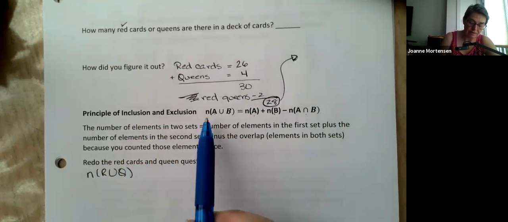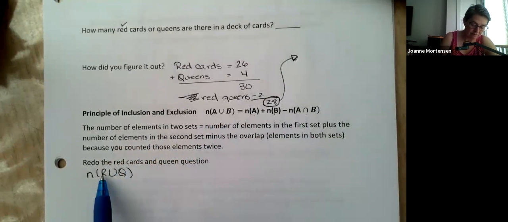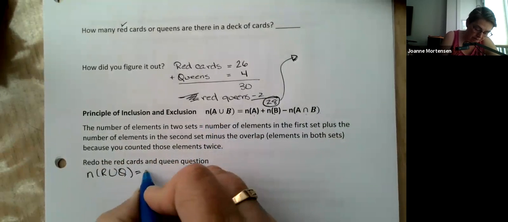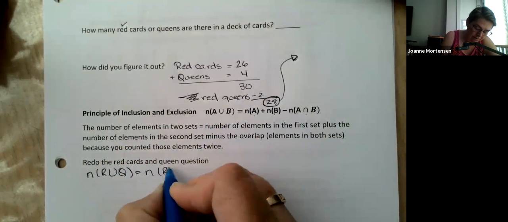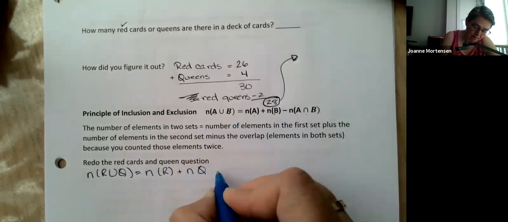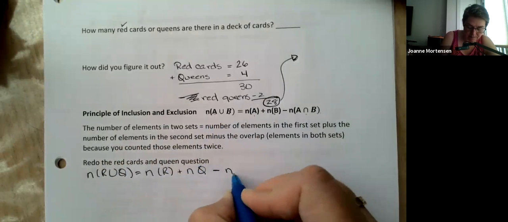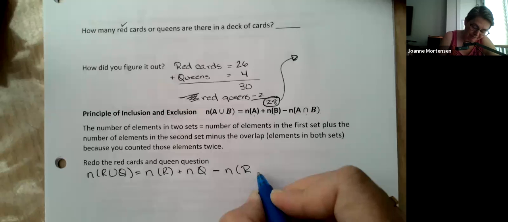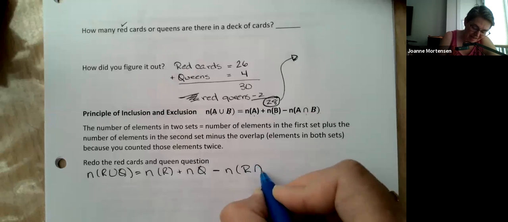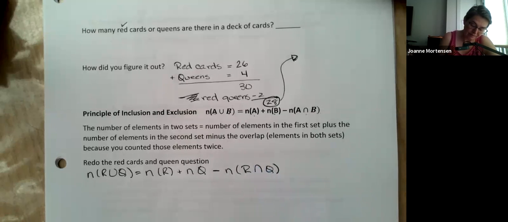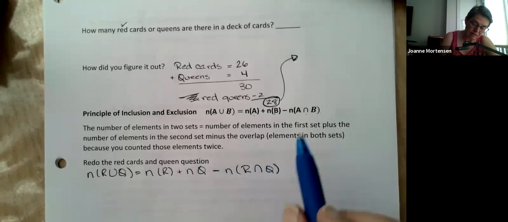Instead of A's and B's, I'm going to put R for red and Q for queen. So the number of R or Q is equal to the number of red cards plus the number of queen cards minus the number of red and queen, which is what I was doing here.